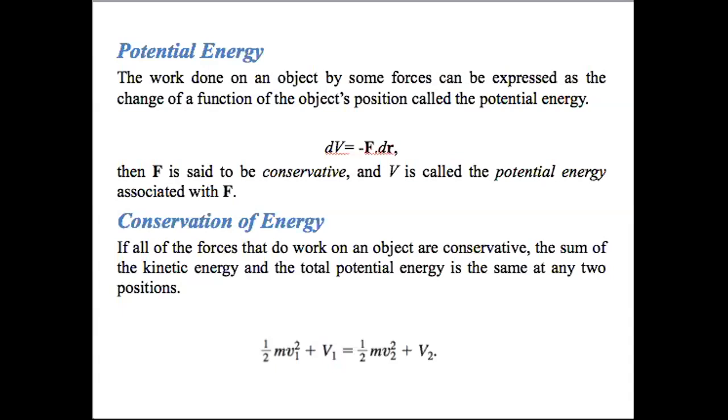So the work done by a conservative force is independent of the object's path. For example, if an object moves along a closed path and returns to position 1, the work done by a conservative force is 0.